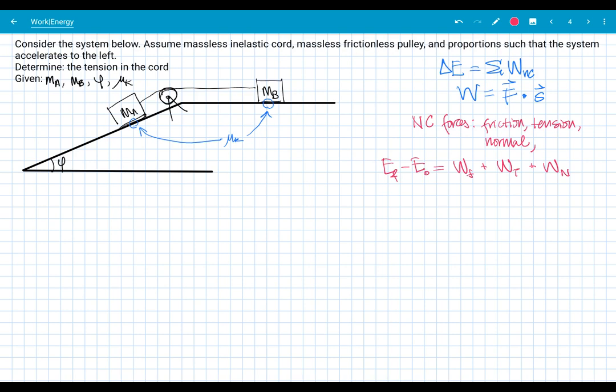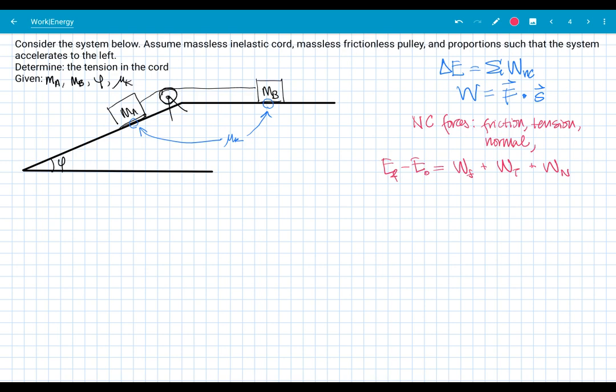Okay, so let's look at our situation here. All we're told is that the system accelerates to the left. Let's make the assumption that it's released from rest, and we'll figure out whether that matters or not. We're not told that it is, but acceleration can include a zero velocity.